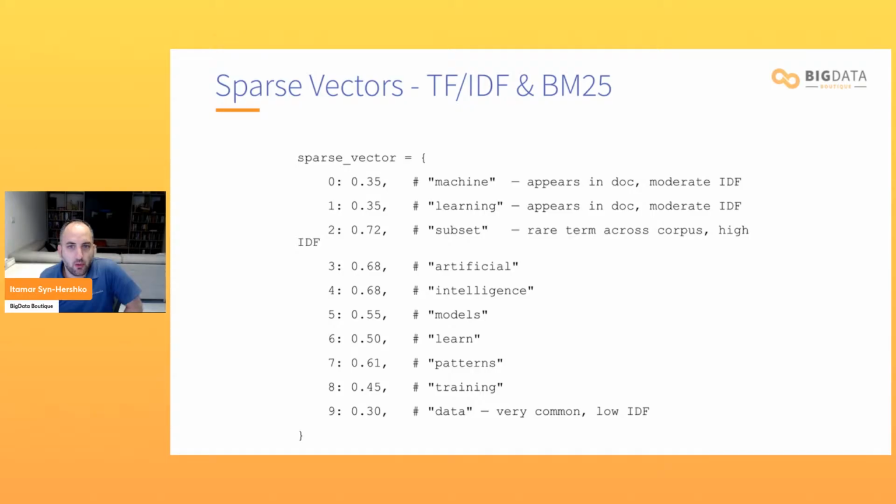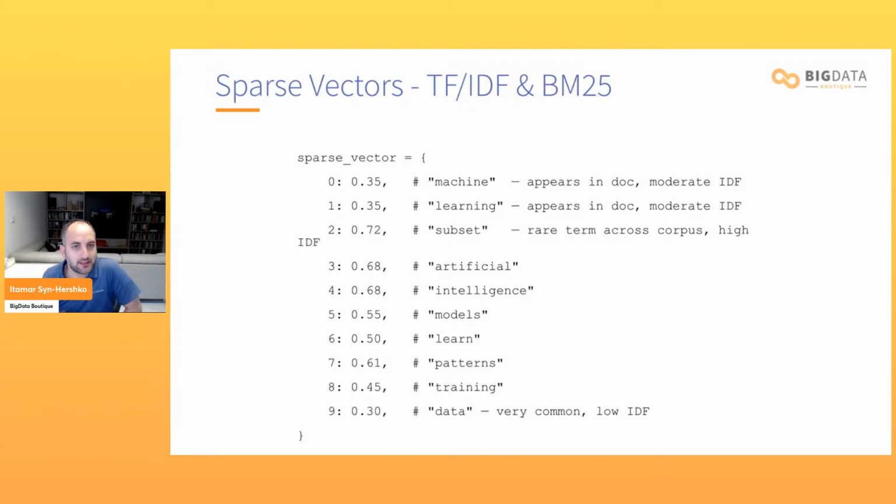And the weight is usually either binary, exists or doesn't, or some sort of a TF-IDF value, which means this is the term frequency in the document, and I'm going to give it a higher value if it's also kind of rare, so the document frequency, it's kind of rare in the general document space that I have.